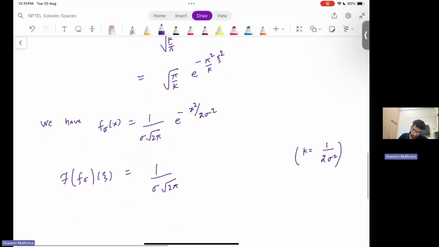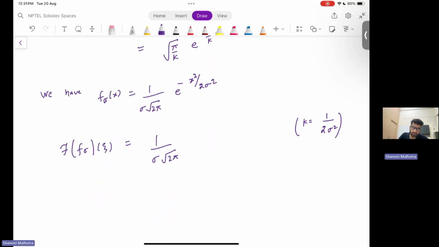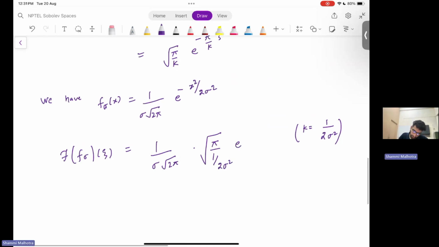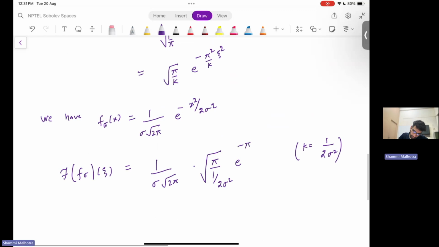So this is nothing but square root of pi divided by 1 upon 2 sigma square, into e raised to the power minus pi square, and this is a division, so eventually it has to be in multiplied form.